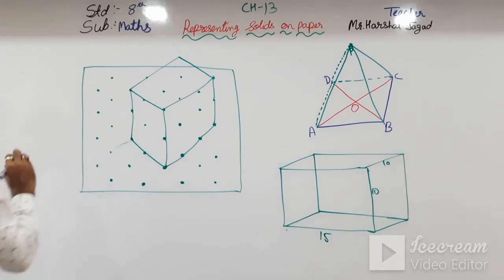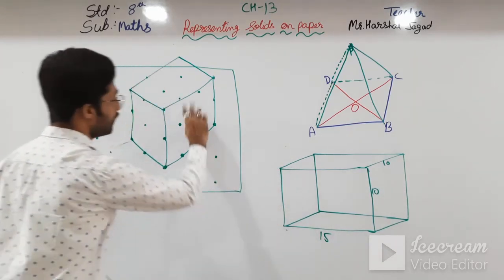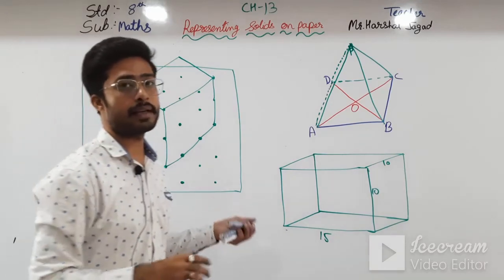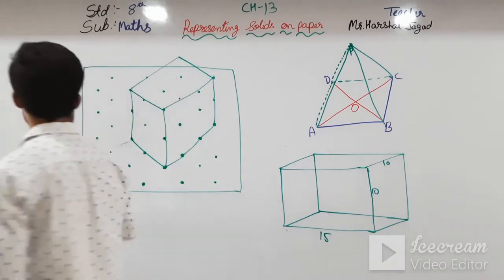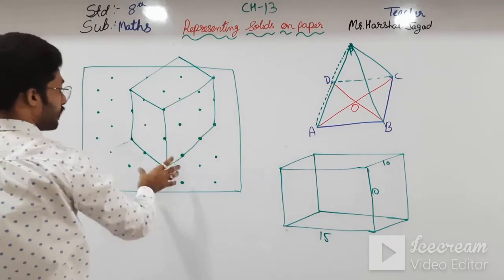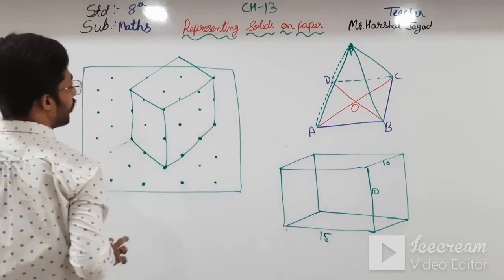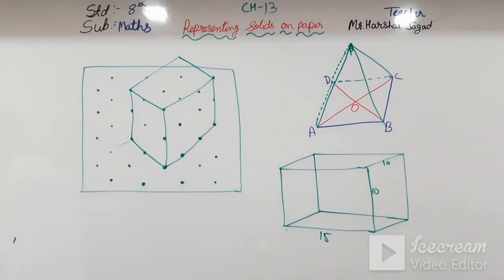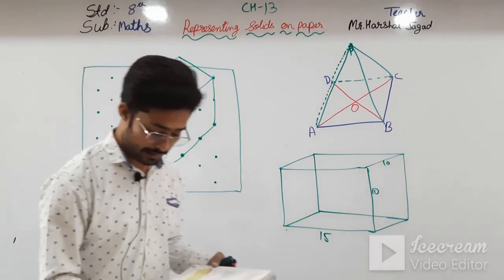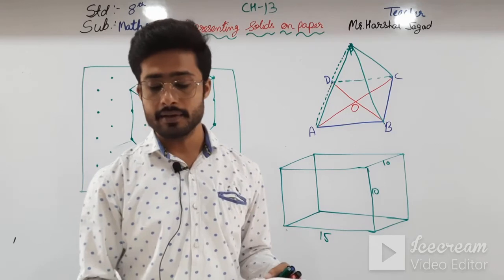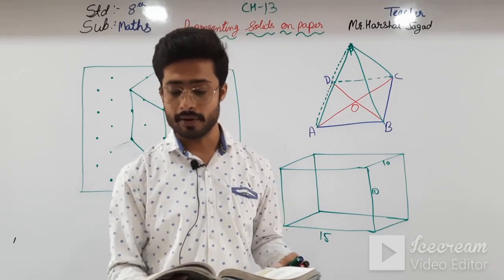So the figure we have drawn is this, okay, with the help of which dots? Isometric dot paper. Okay, here also I should make the points lower, so we can draw properly.